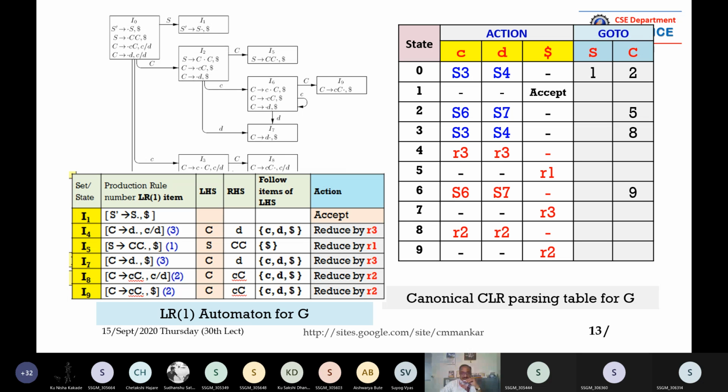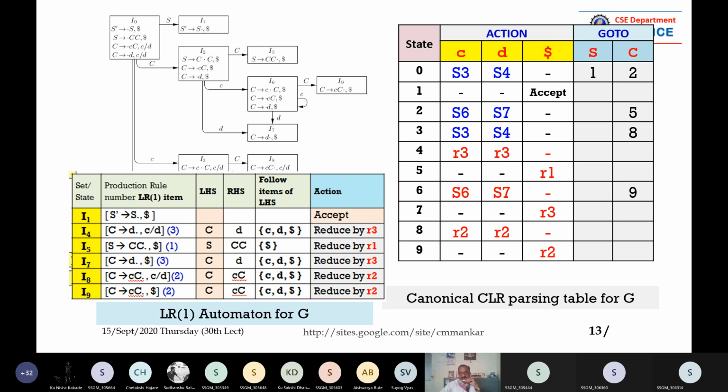In state 8, there are 2 look aheads, C and D, and the rule is rule number 2. So on C and D in the action part, you write R2 in the C column and D column for state number 8. And in case of state number 9, you write R2 with respect to dollar, because dollar is the look ahead symbol in that production rule where the dot is at the end. So in this way, you have to keep these things in mind.